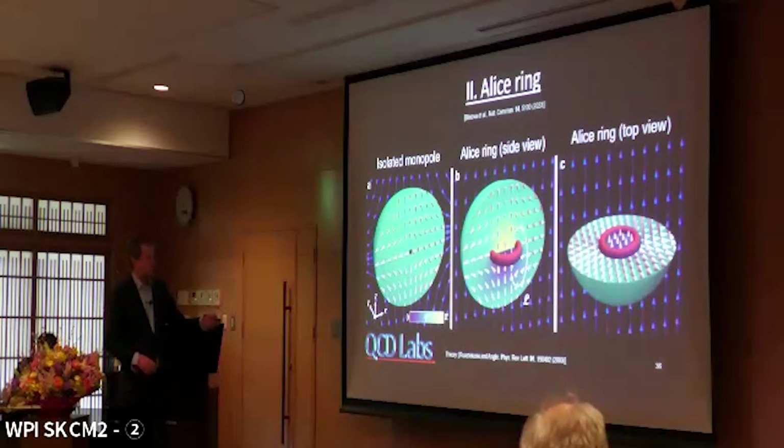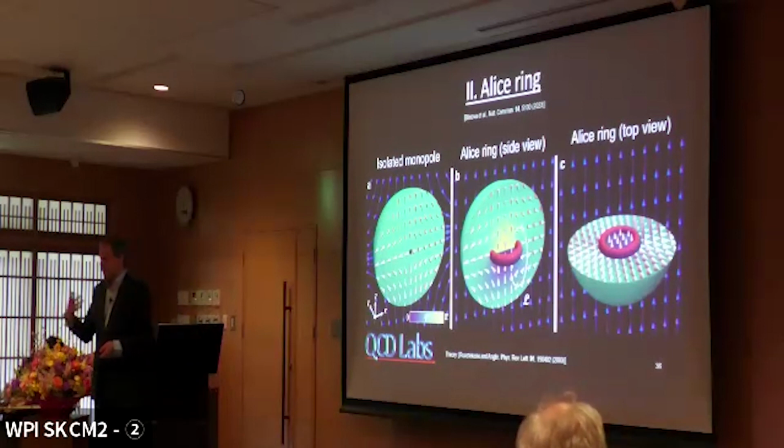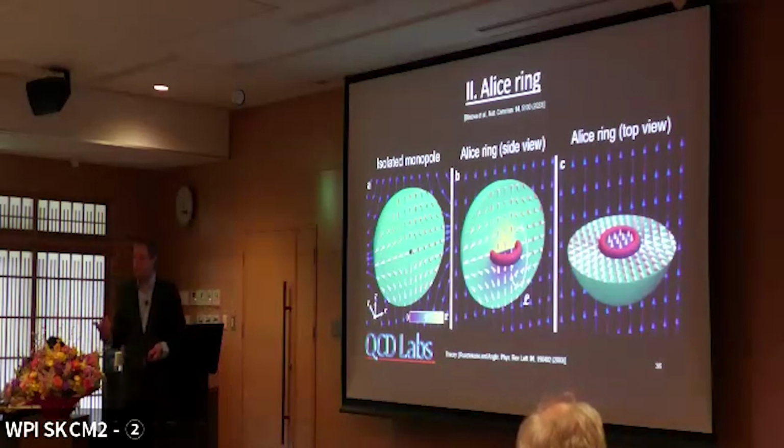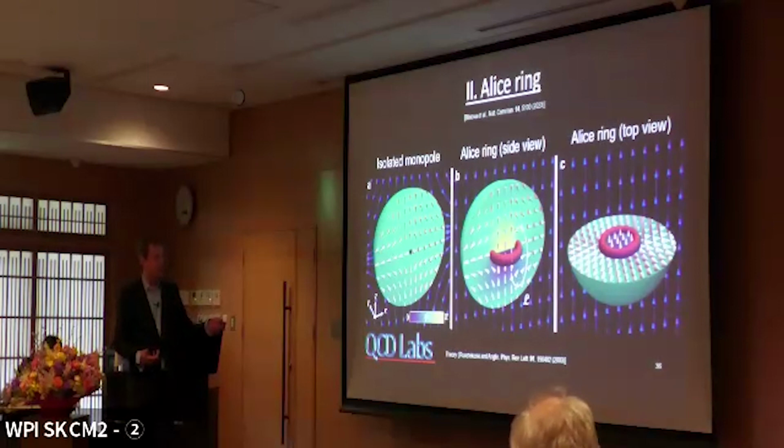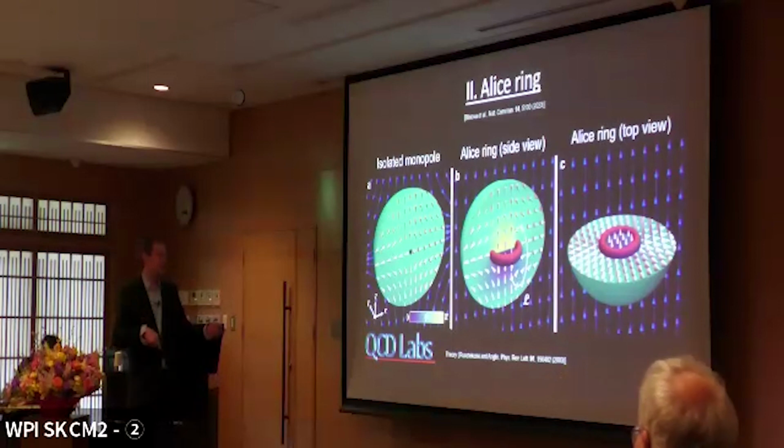You can see that the direction of the D vector flips when you go across, but that flip can be compensated by a phase flip of pi in the order parameter. So there's no discontinuity in the actual order parameter when you go through the ring. However, the direction of the director actually flips.